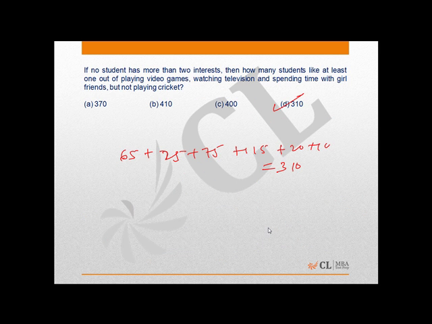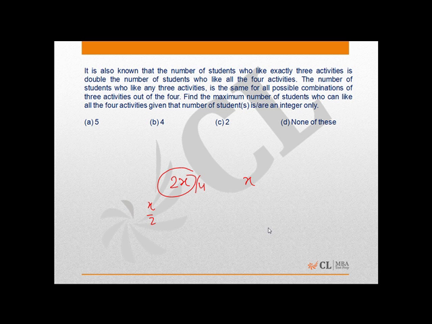Now coming to the question, here we have to find the maximum number of students who like all the four activities, and it is also known that the number of students is an integer.